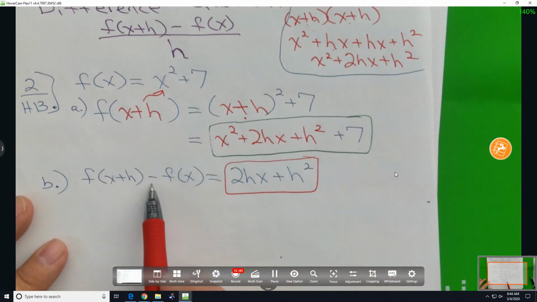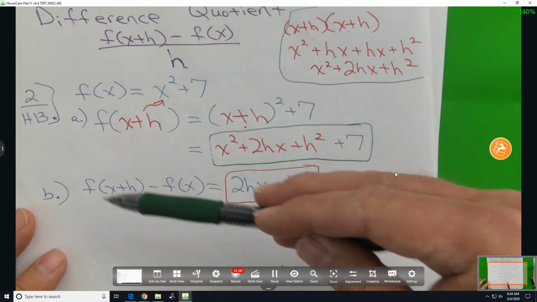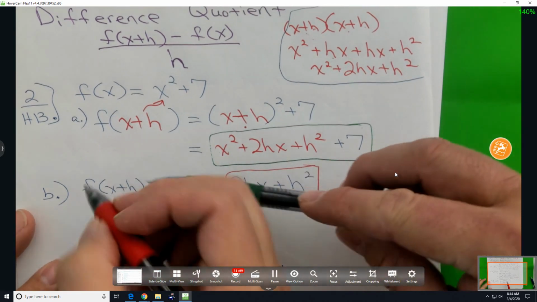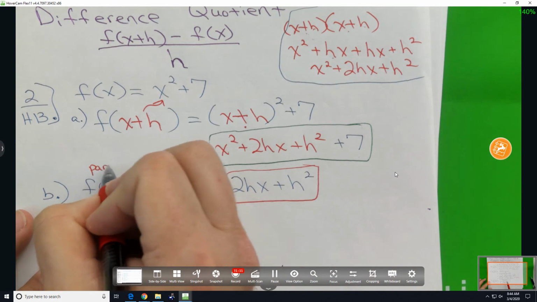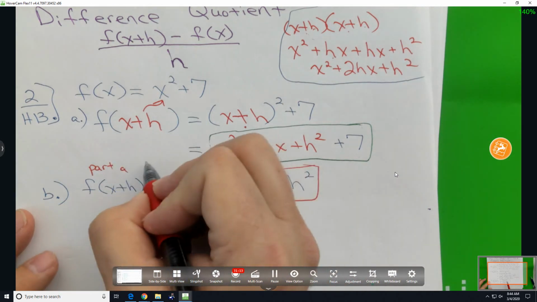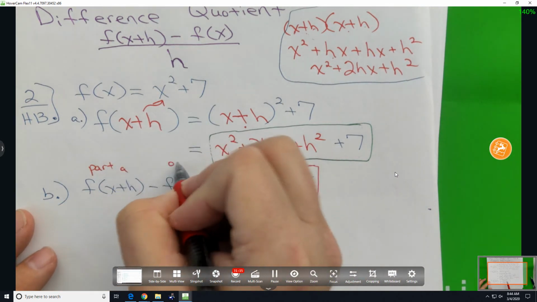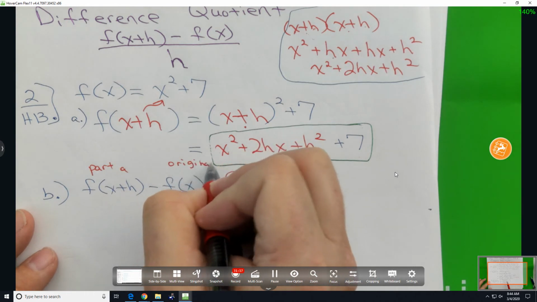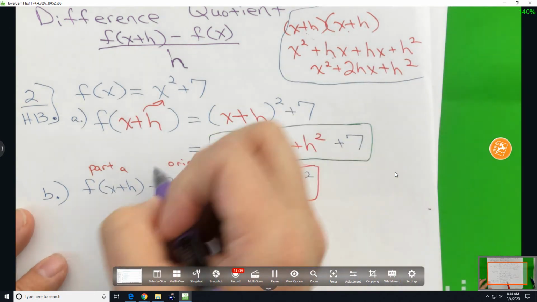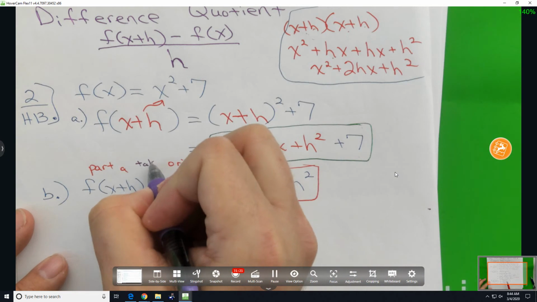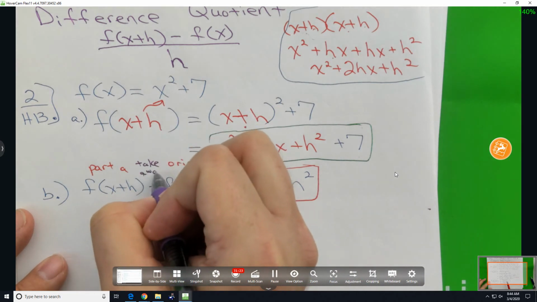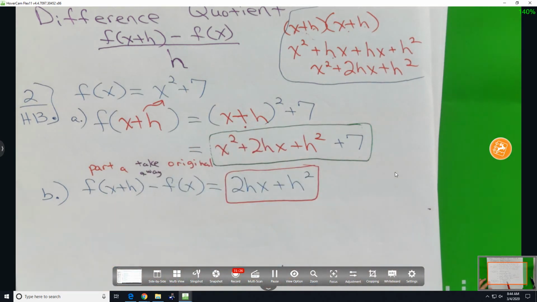And notice this is why part A is written as f of x plus h, take away the original function.